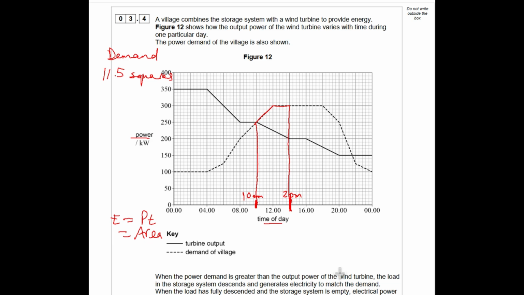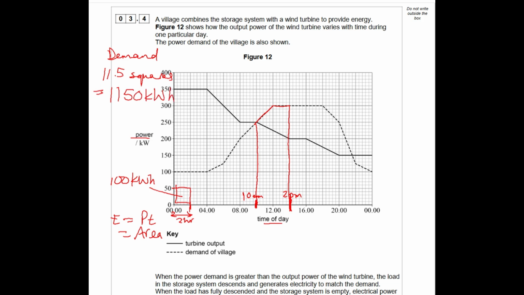Now, 1 square is 50 times 2, isn't it? Is that 2 hours? Yeah, it is. So that's 2 hours, 50 times 2, so that's 100 kilowatt hours. That means the demand is 1150 kilowatt hours.